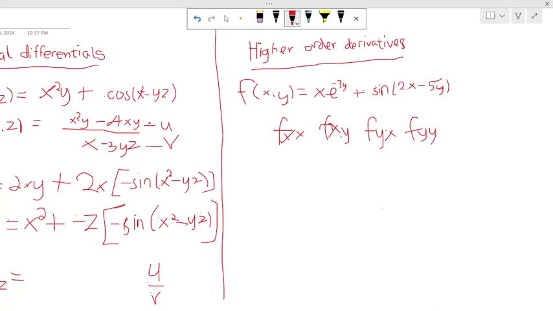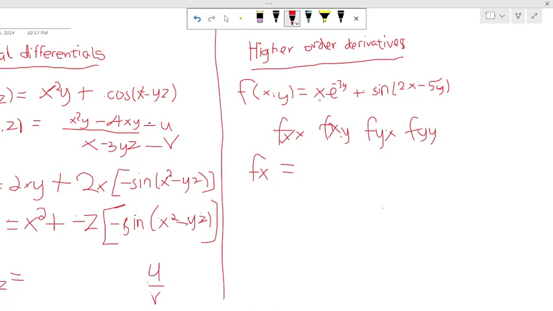First of all, to compute these four expressions, we first need to compute the partial differential of f with respect to x and the partial differential of f with respect to y. The partial differential of f with respect to x: we treat the function in terms of y as a constant, then differentiate x.